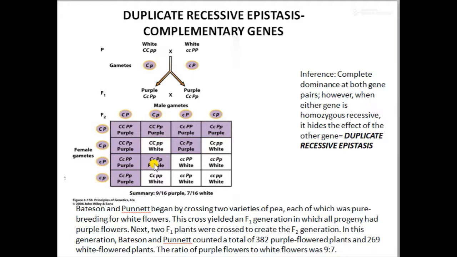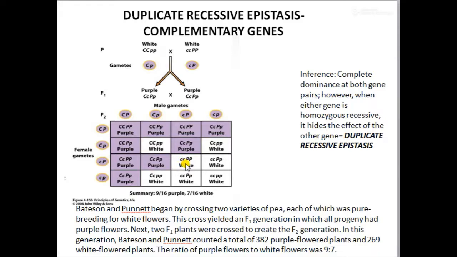In the white varieties, if you have a close look, you can see that it will be either capital C capital C with no dominant P, or the non-allelic P version with no dominant C. Here, if you take one non-allelic gene, that is C, and its other non-allelic gene P, you can see that capital P is not present.